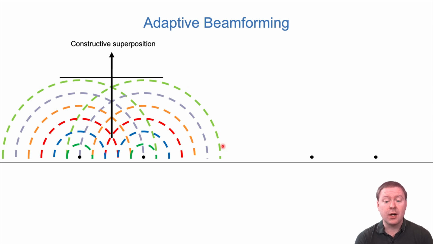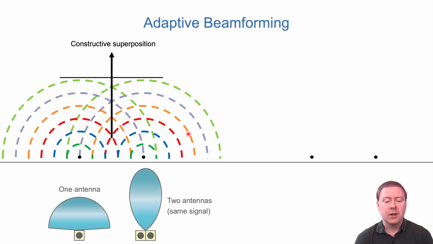So if I would start measuring the signal's strength in different angular directions, even if each antenna doesn't have any preferred directivity from the beginning, they just radiate signals equally in all directions, well, if I measure the signal power, I will see that it looks like I'm sending much more power upwards than to the sides because of superposition. It's constructive upwards and destructive towards the side.